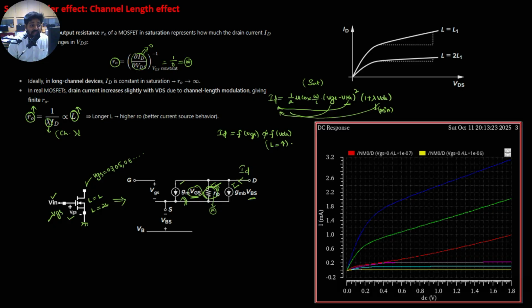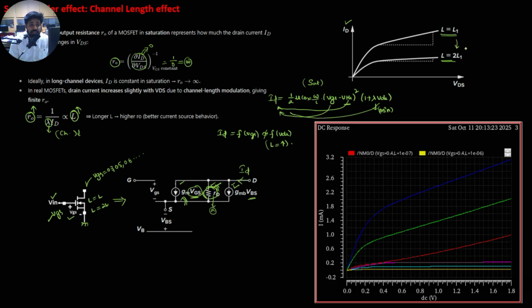The device won't have much channel length modulation. So we expect that R naught of the device should be as large as possible. Then the channel length modulation will be very small, so changes of VDS will not impact the changes of the ID. Here you can observe the length of the device is L in one case and 2L in the other.